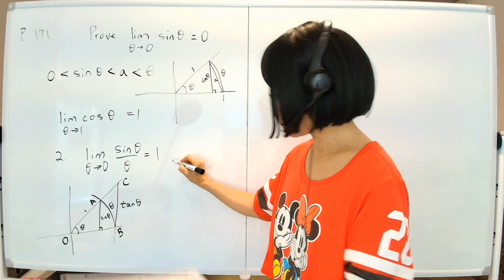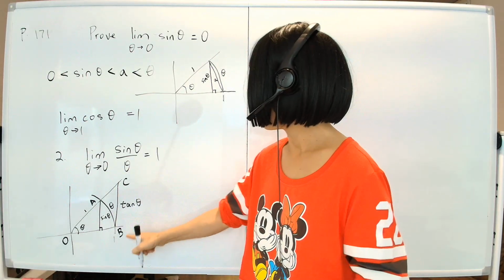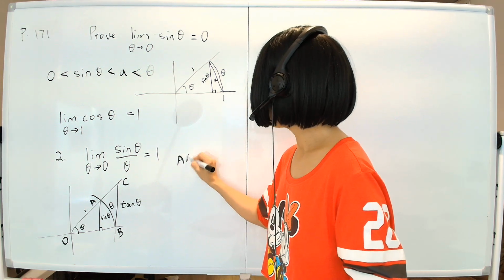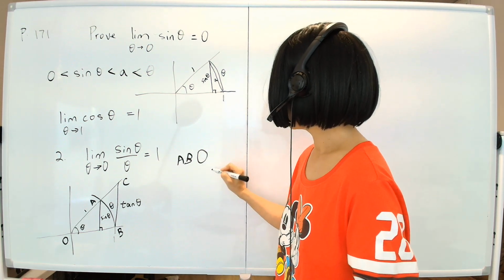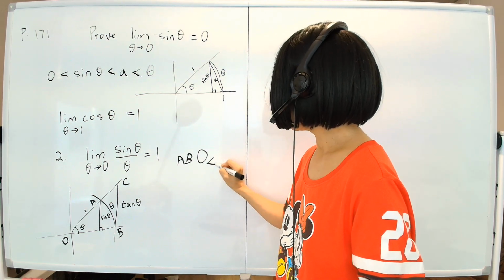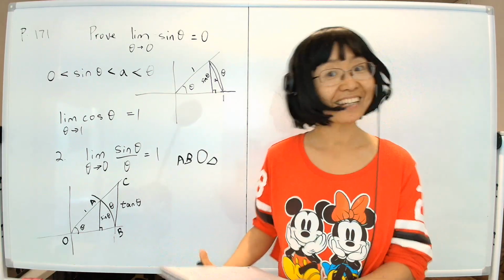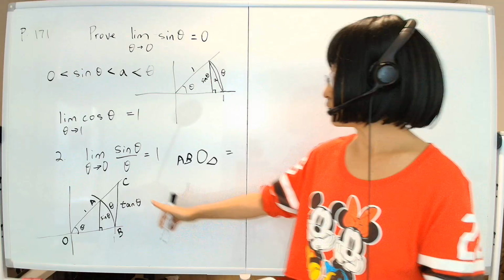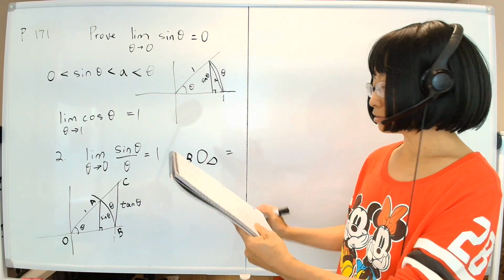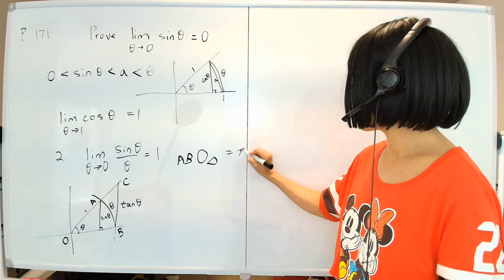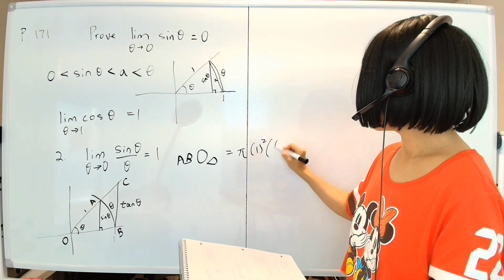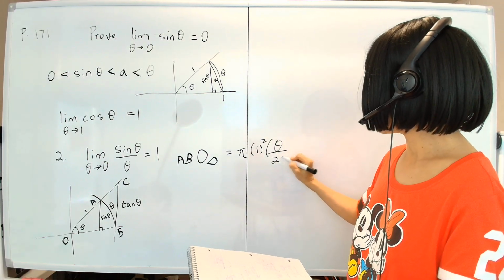First I'll calculate the area of the sector. The sector will be called ABO. I'll draw that to show what that is. The area of a sector is pi r squared, pi times 1 squared, and then times theta over 2 pi, because the whole thing is 2 pi.